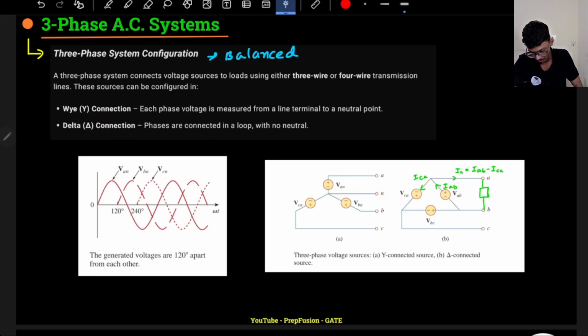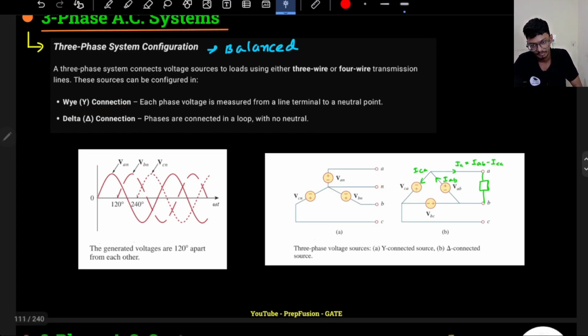That's it. I hope you remember that if I have three phases, then their phase difference will be 120 degrees. So each of the waveforms will be phase shifted by 120 degrees. That was about the balanced three-phase system and balanced three-phase load.